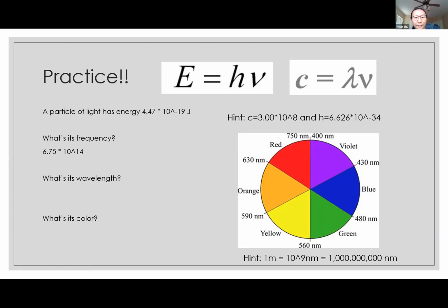That's how you get frequency. Now you use the second equation on the right: you take the speed of light and divide it by the frequency to get the wavelength. The wavelength was about 445 nanometers, and notice how 445 ends up in the range of blue. So the answer is blue, yes.